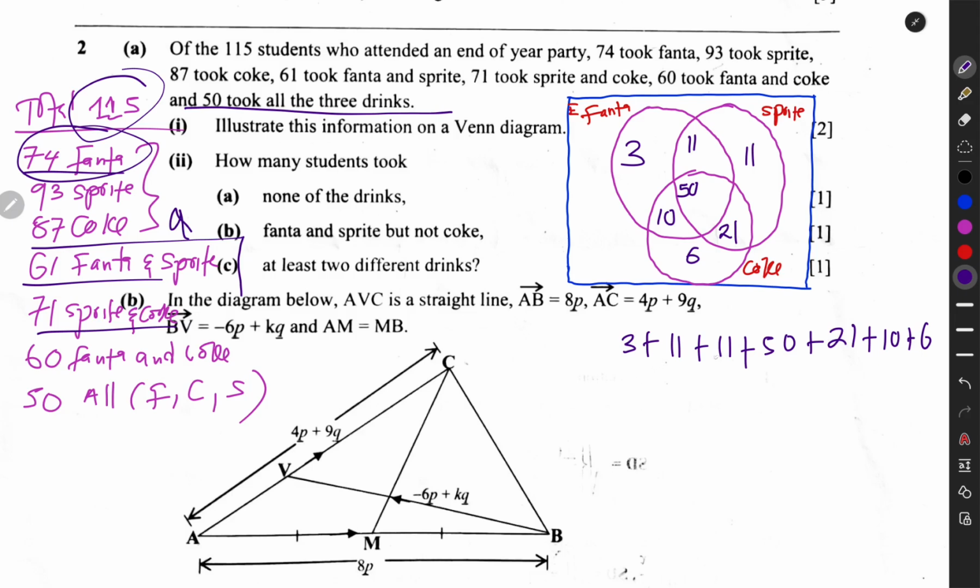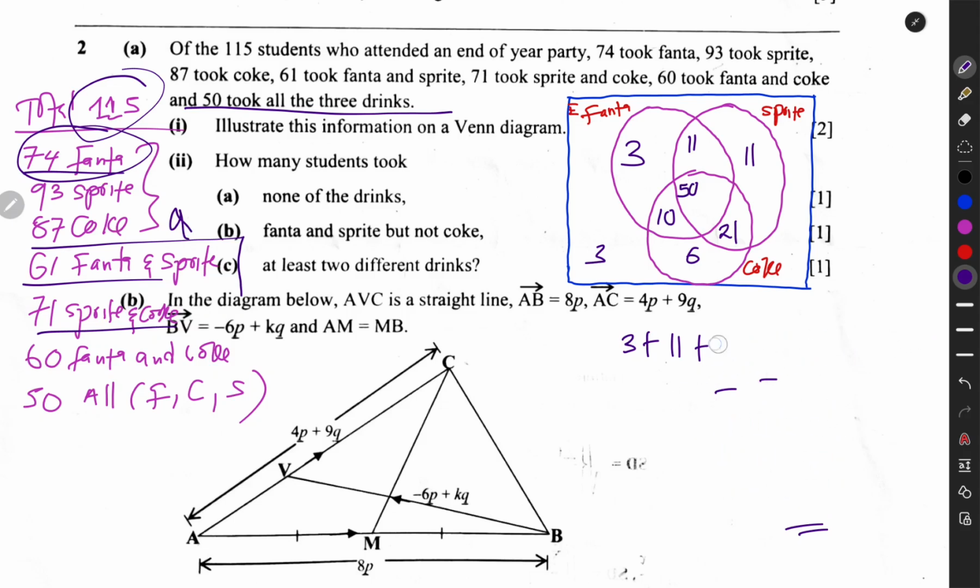Okay, so this is 25 plus 50, which is 75. 75 plus 21 is 96. 96 plus 10 is 106. Then 106 plus 6 gives us 112. So 115 minus 112 gives us a 3. So here we have a 3.